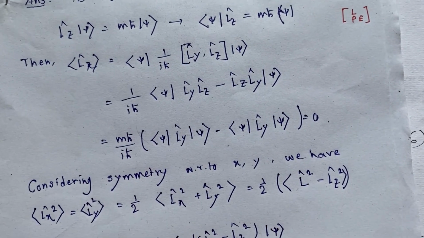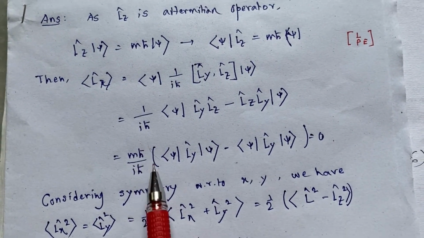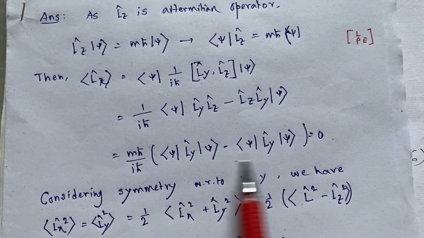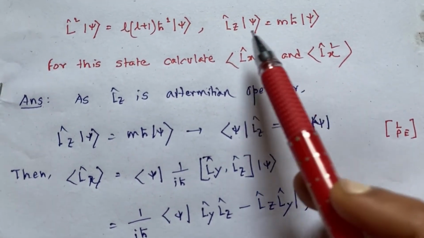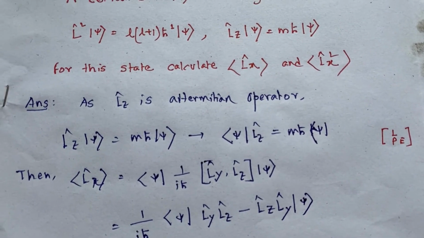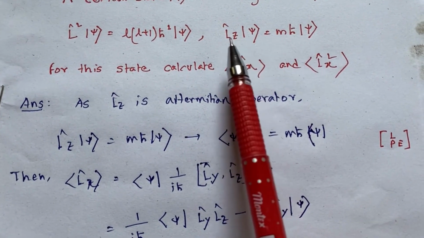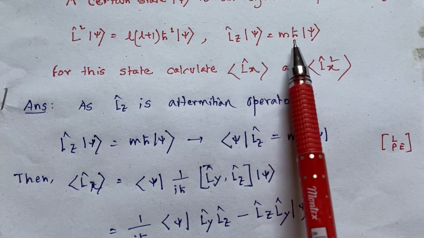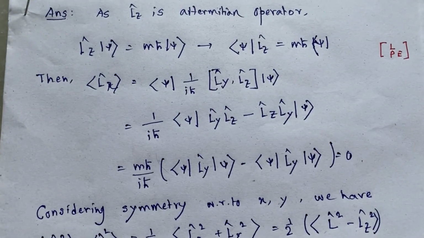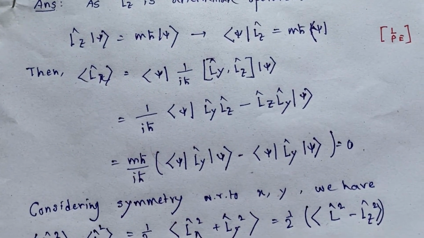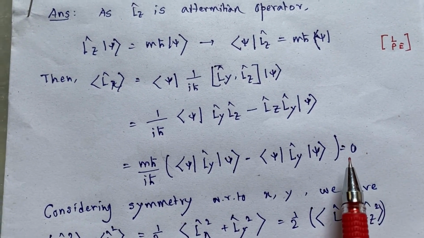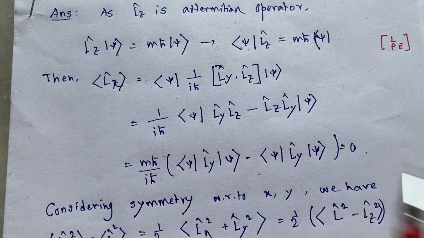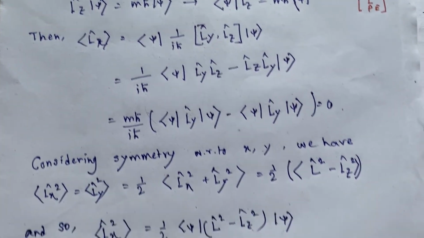On this state psi, the expectation value of Lx equals 0, and the physical significance of it is this: psi is an eigenstate of Lz, because measuring Lz on psi gives me m h cross. So measuring Lx on this psi must give 0, and we have obtained it mathematically also.